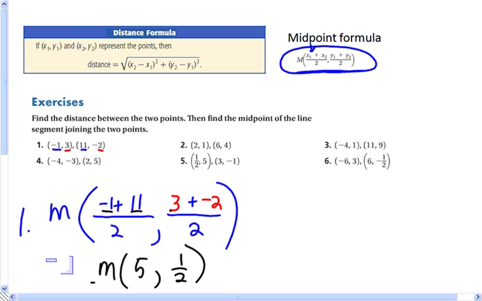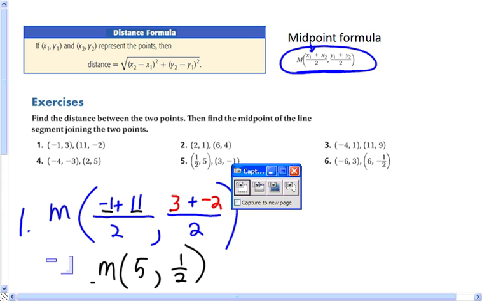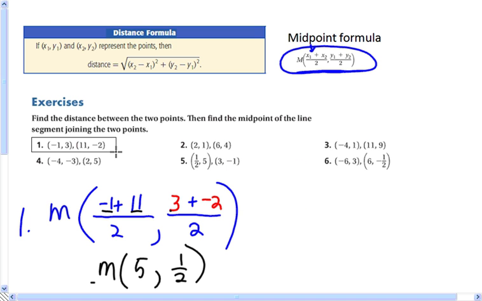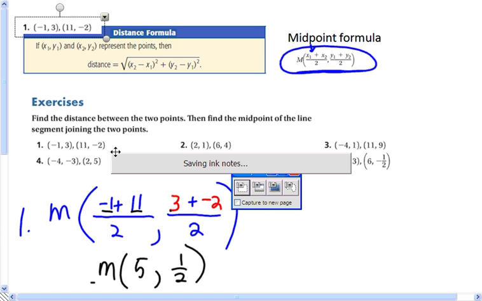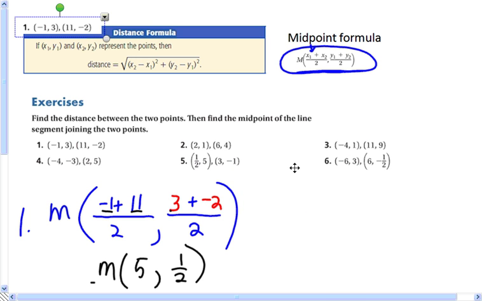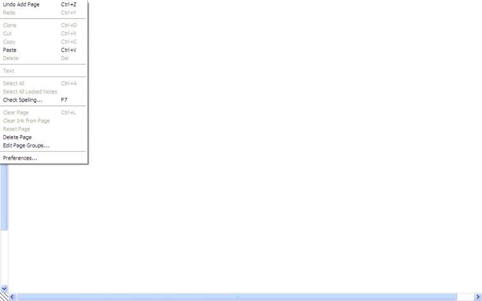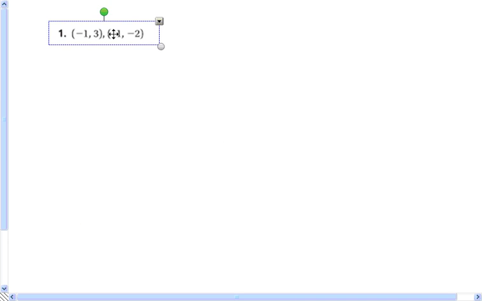All right, now let's check that on a coordinate grid, since I can, to see if that's correct. My points were (-1, 3) and (11, -2). Let me get a new page here and paste that in. Let's check that on a coordinate grid and see if it looks like our answer was correct.